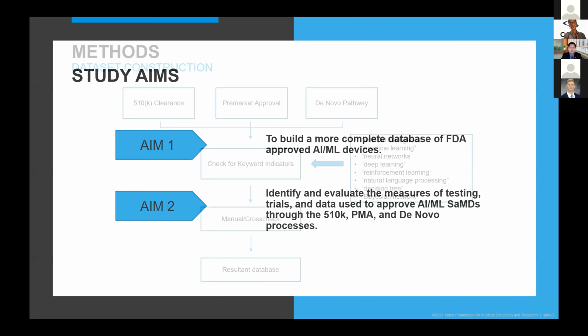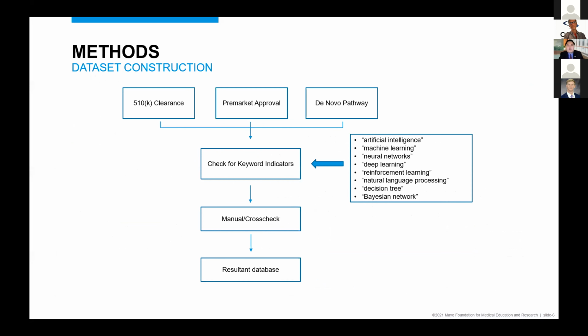So to construct the data set, we first will download all of the published FDA summaries of devices approved through the 510(k), de novo, and pre-market approval pathways. Then we will search through the summaries for key terms that regulate AI/ML technology. Then we will manually read through and narrow these down to our final data set.